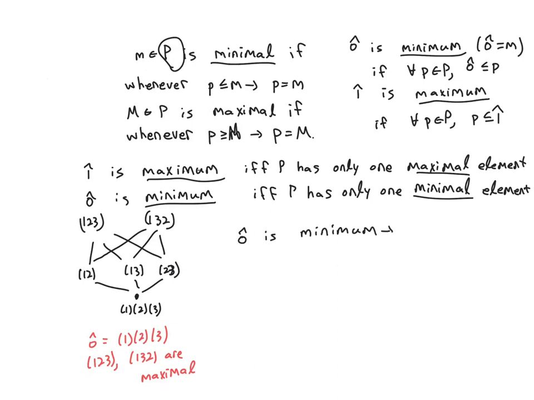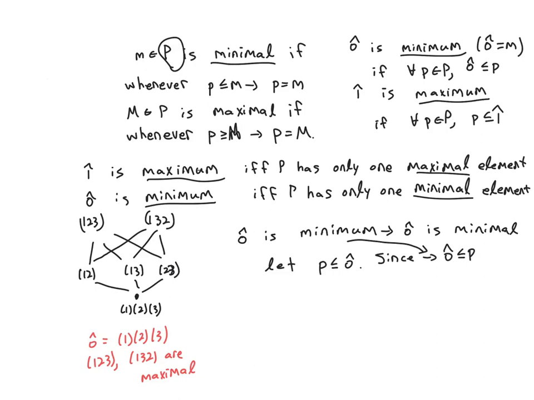I want to actually claim that 0 hat is a minimal element. How would I do that? Well, I check the definition. I let p be an element less than or equal to 0 hat, and I want to show that p is equal to 0 hat. But since 0 hat is minimum, we know that in fact 0 hat is less than or equal to p.